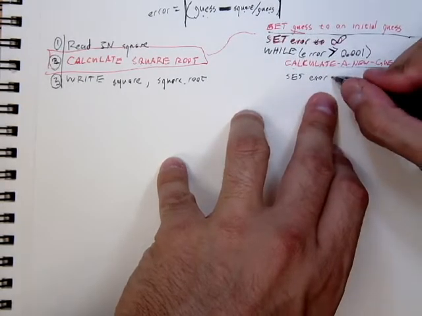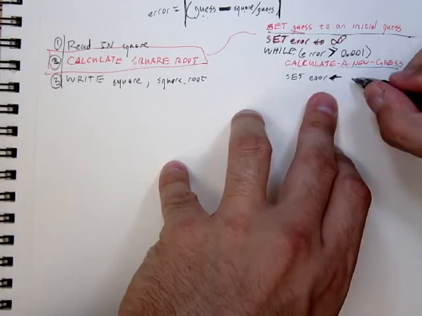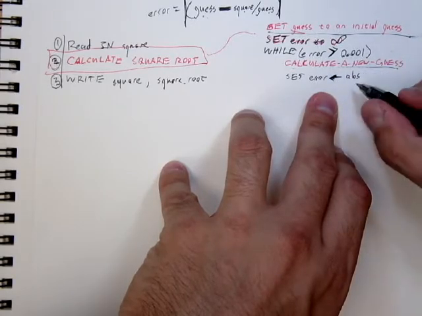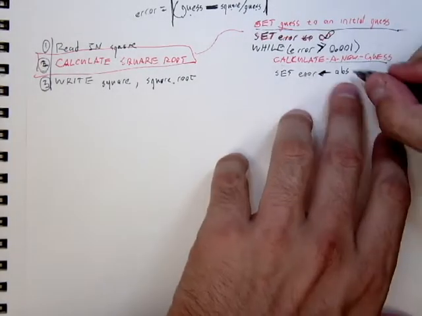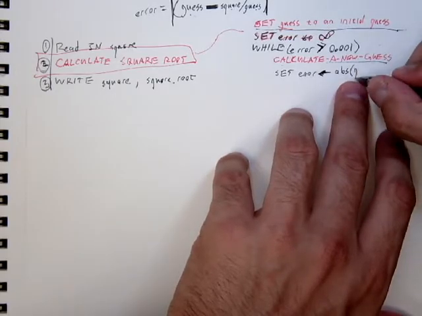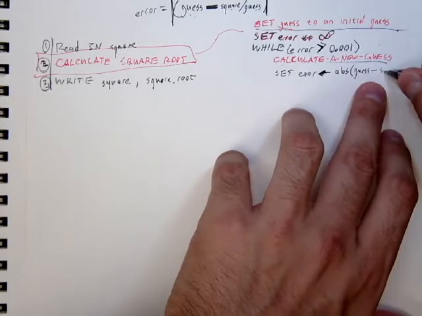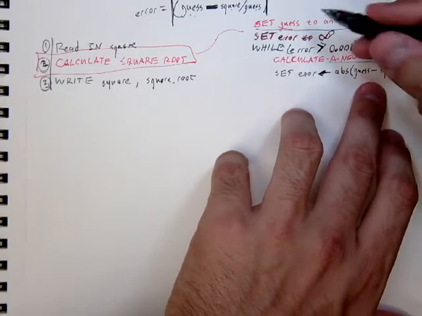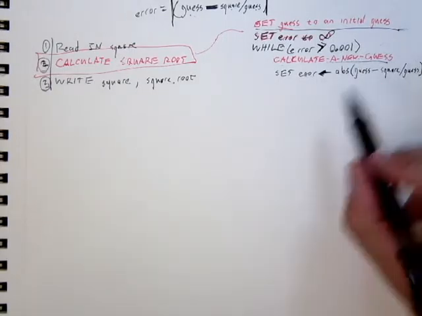You can't type in those vertical symbols because they have a different meaning in both programs. So there's a function called absolute value of my guess minus the square, the original input number, divided by my guess. So that would be my error.